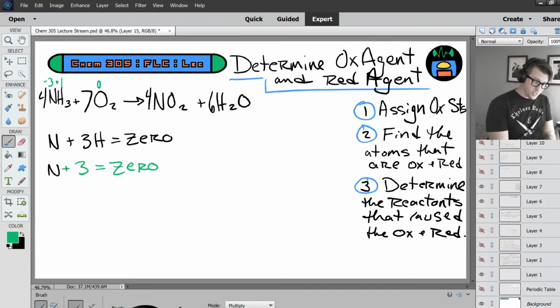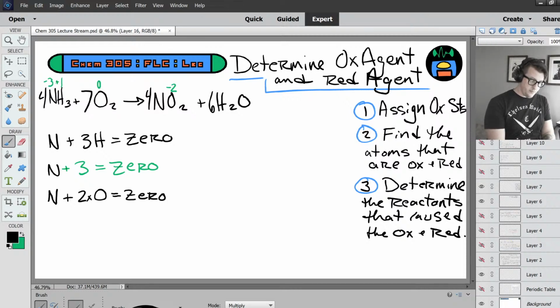So oxygen, being more electronegative than nitrogen, will have an oxidation state of -2. Now we have to find the oxidation state for nitrogen, because the oxidation state for nitrogen plus 2 times the oxidation state of oxygen equals our total charge, which is 0.